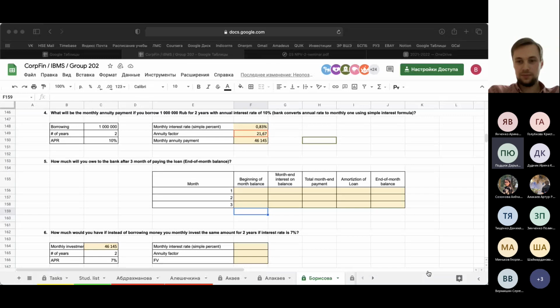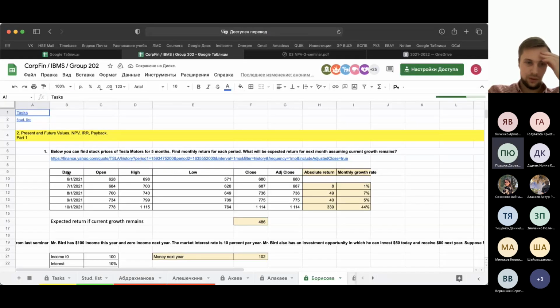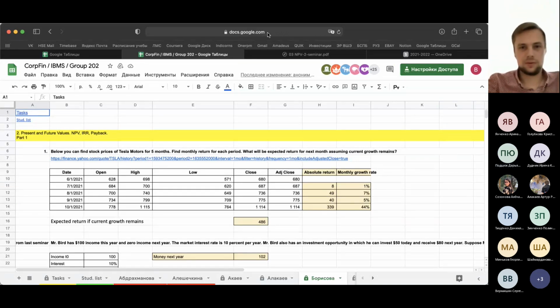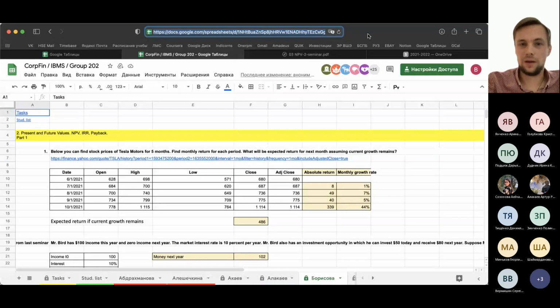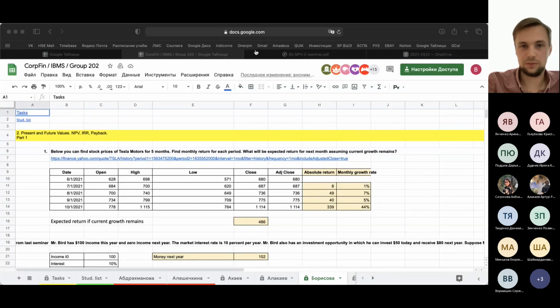Excuse me. Could you allow us to edit the file because we have no access? So you have no access to the spreadsheet? Yes, only reading. There was a message that the time is over, so we cannot edit now. Well, maybe another link. Okay, I can share the link with you, but oh, that's interesting.